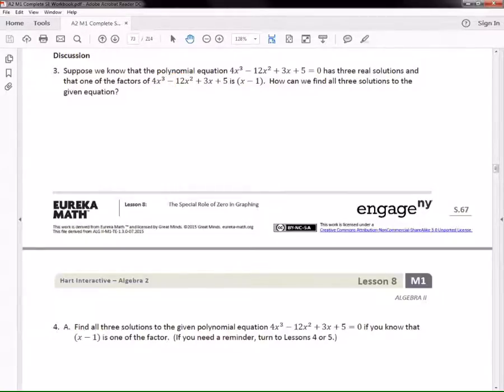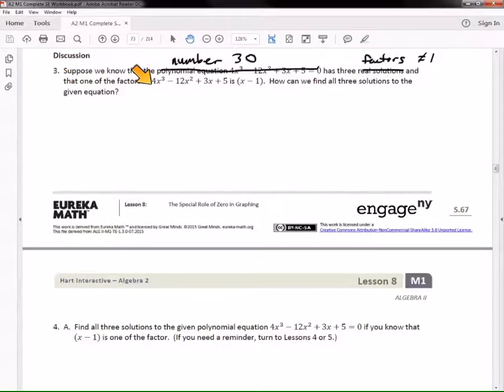So what if I change this? What if I said, suppose we know the number 30 has 3 factors, not equal to 1. So it has 3 factors, not equal to 1.